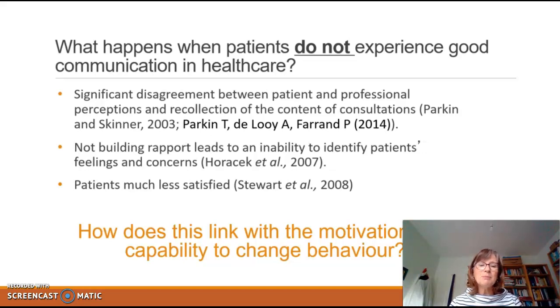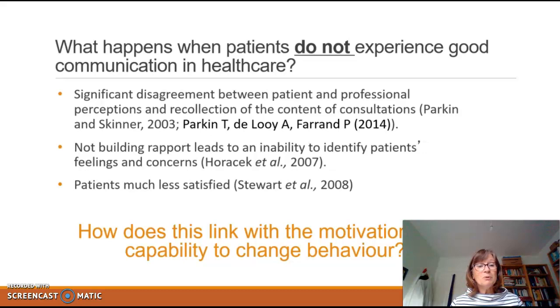There have been a couple of papers that have looked at that. And that's really important because if people go away having a different understanding of what happened and what was talked about and what was agreed, then they're not going to go away doing what you think they're going to do, and therefore their health-related behaviour change is not going to happen.